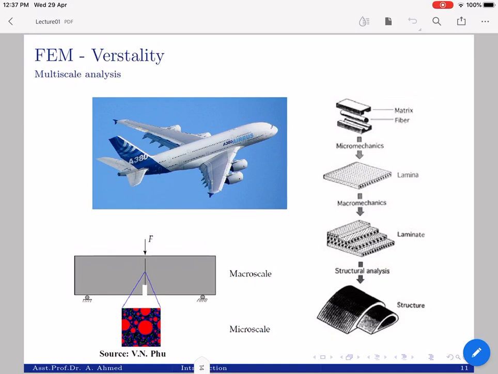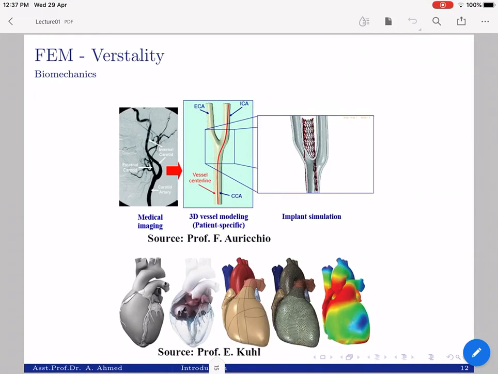But if you go quite deep, if you perform a micro scale analysis, then in that case you might be taking into account the true relationship between the stresses and the strain at the global scale.